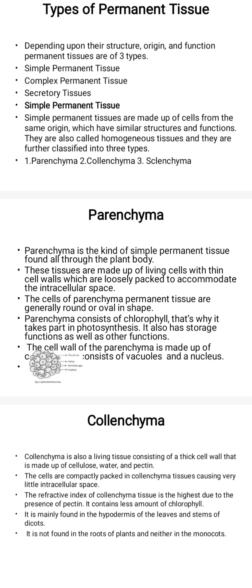The cells of parenchyma are generally round or oval in shape. Parenchyma consists of chlorophyll, that is why it takes part in photosynthesis, and it also performs the function of storage as well as other functions.